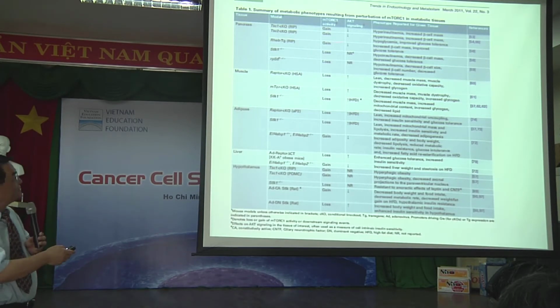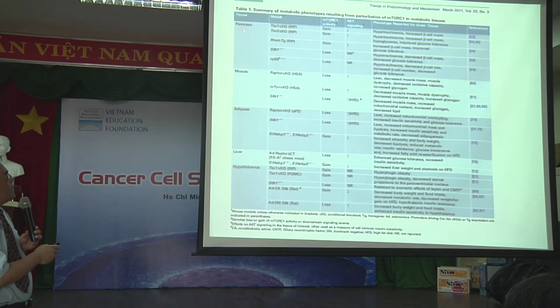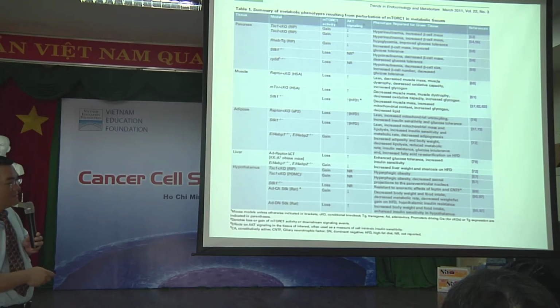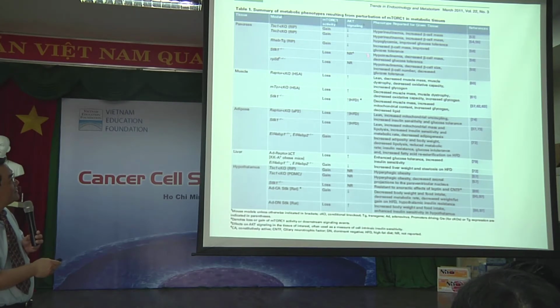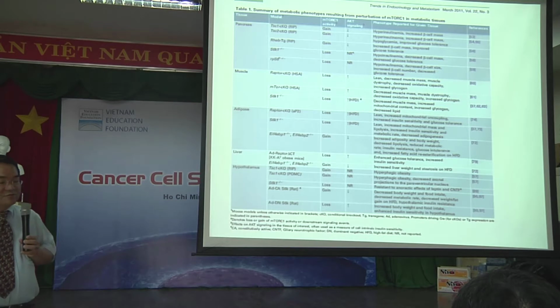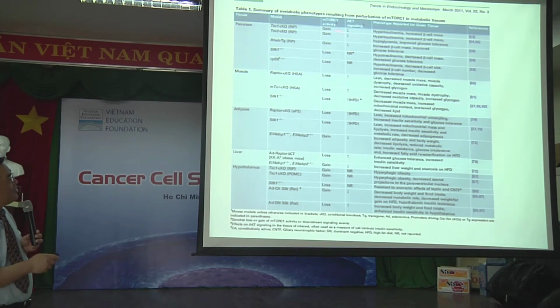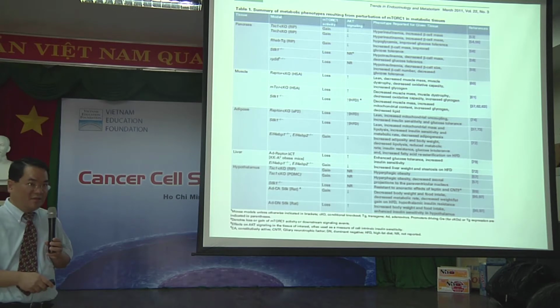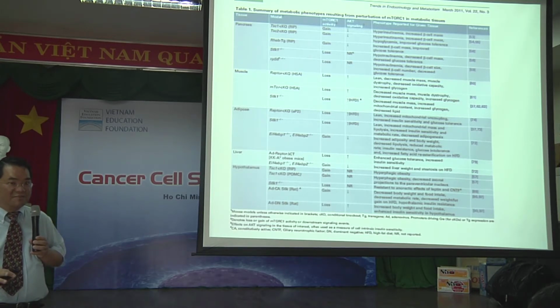If you knock out certain genes in certain tissues, for example, knock out TSC1, TSC2, or S6 kinase in the pancreas, because it has something to do with glucose uptake, this type of mice will have the phenomenon of hyperinsulinemia. Okay? The insulin regulation has some defect.